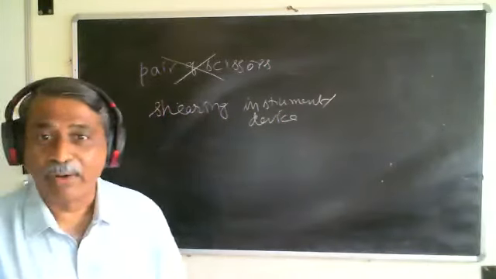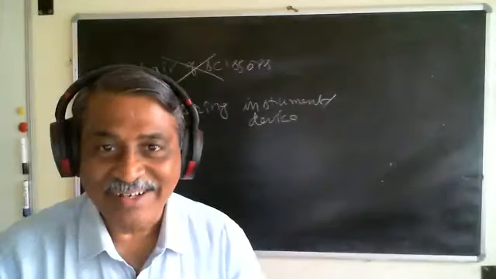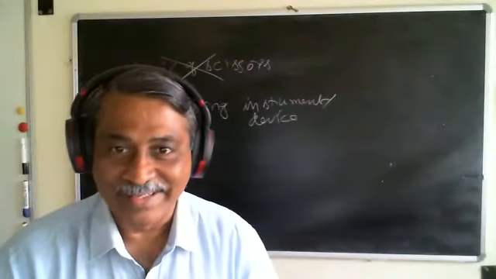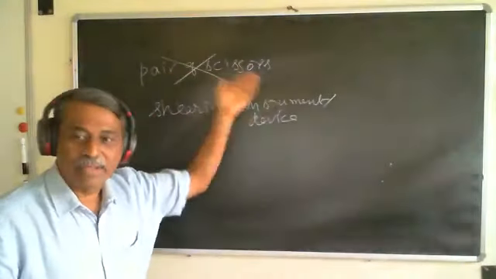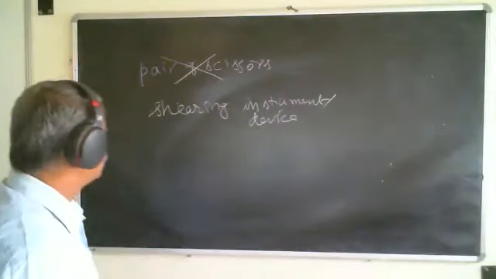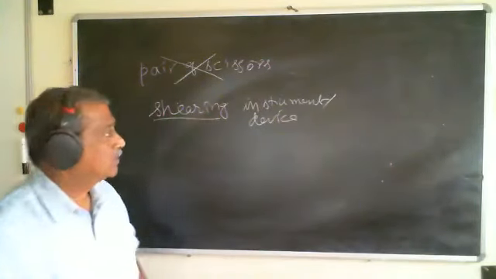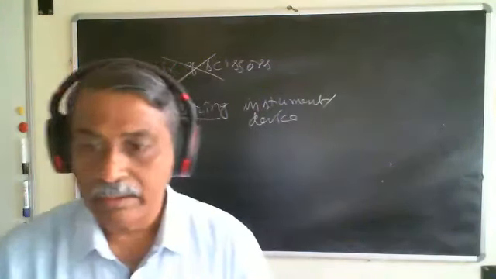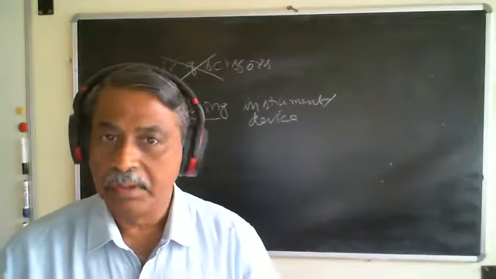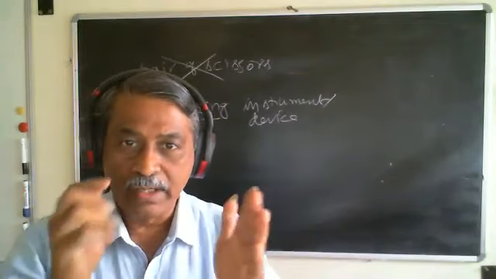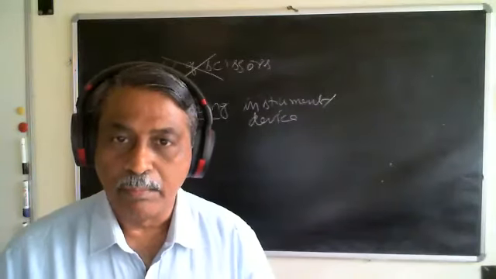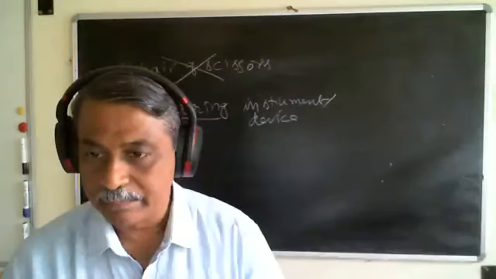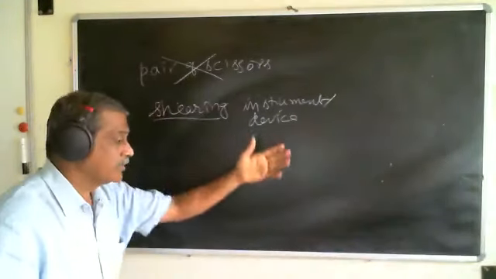So from now on, just ask for a shearing device, which is nothing but a pair of scissors. It can be any of those where direct shear is applied in order to break or cut things. Okay, so we can call that a shearing instrument.